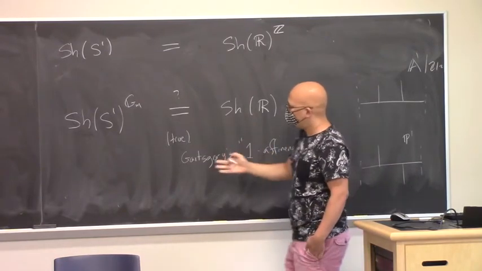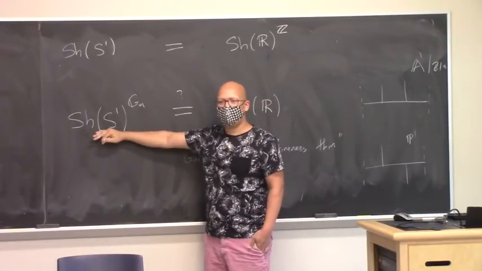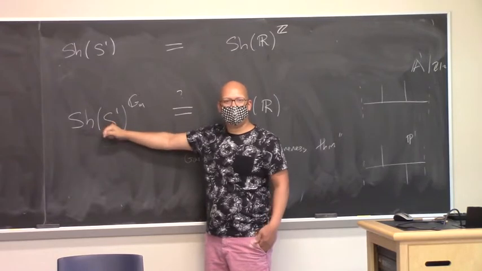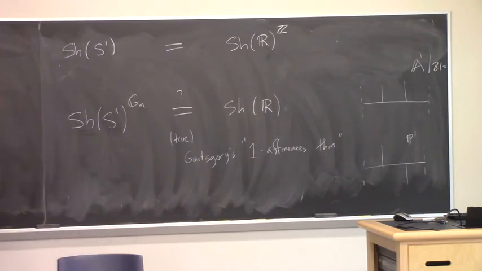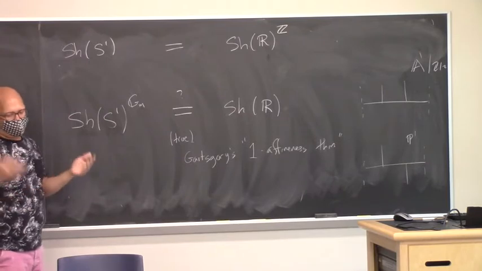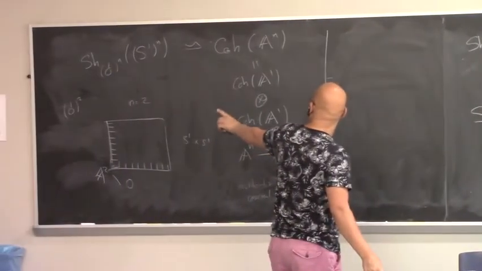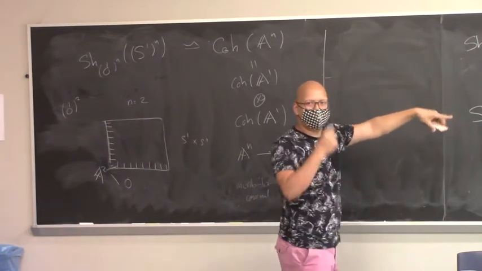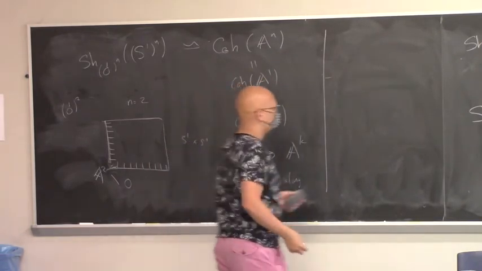But the reason you should think it's true is that this action somehow knows everything there is to know about the fundamental group of S1. And so by killing it, I demand that you pass through to your original. And that's why you should think it's true. Well, you might also think of this as some kind of categorical version of contractibility. Okay. So now I'm going to explain how this kind of business lets me take the mirror of taking the quotient.